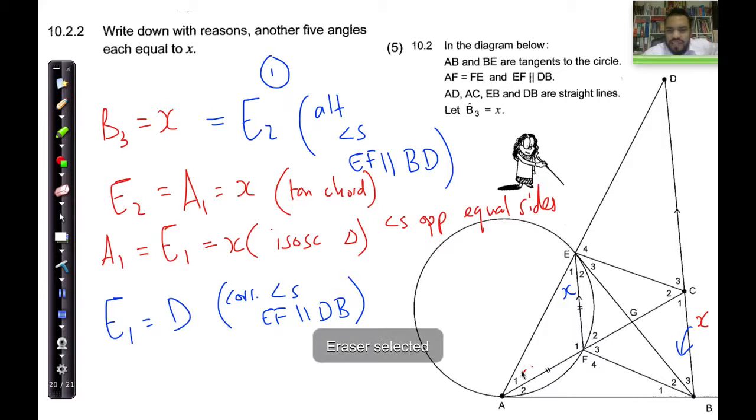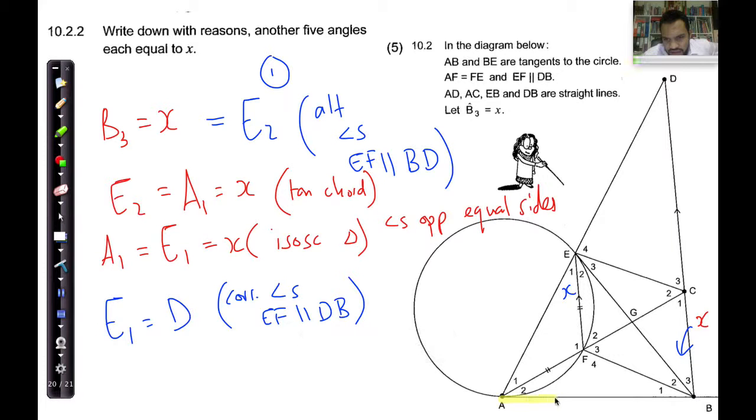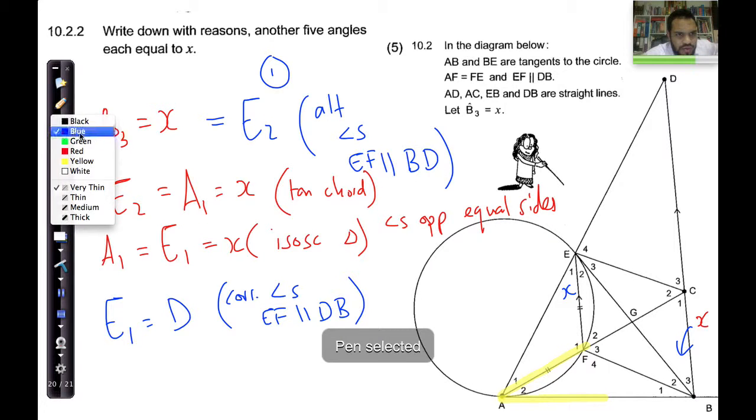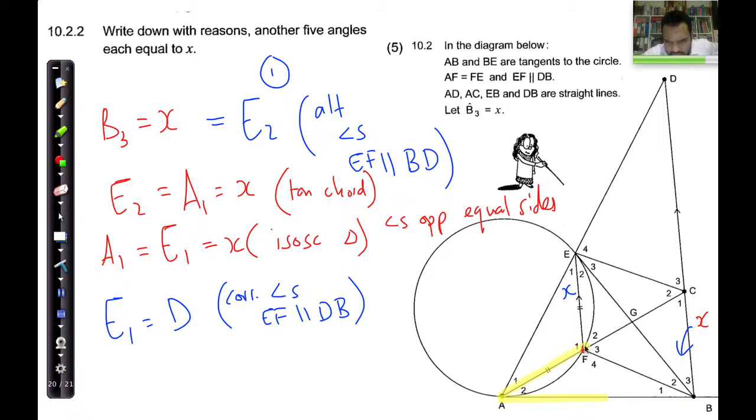Now, if you remember, the tan chord theorem says, well, if I've got a tangent over there, right, and I've got a chord, then the angle that is subtended by that chord in the other sector, which is over there, like such, that must also be equal to x. So we've shown that E1 is equal to x.